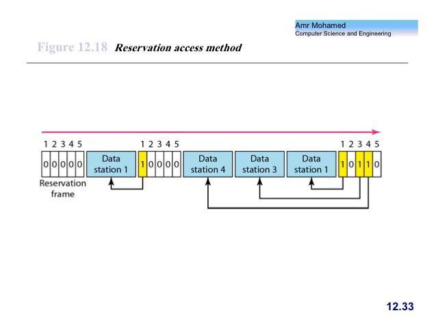In that case, the controller will allow for 5 different mini slots. Each of these slots corresponds to one station in the network. If a station has data to send, then the station will send a one in the mini slot assigned to it.